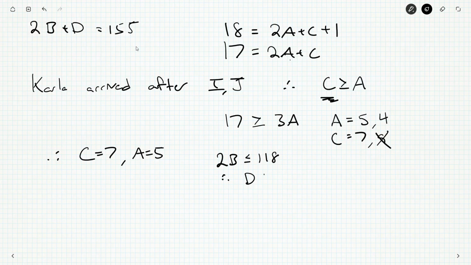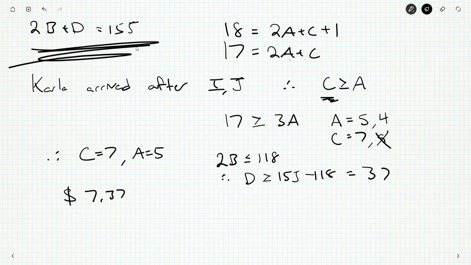Therefore, D is at least 155 minus 118, which I will grab my calculator for. 37. So the minimum that Carla could have paid is $7.37 in this case. Okay, that doesn't mean that that's the minimum that Carla could have paid, period. Because we have another case.